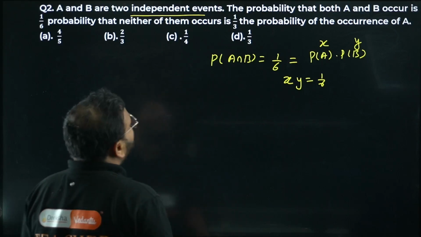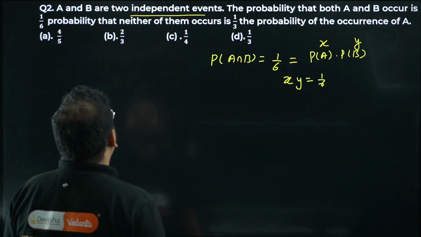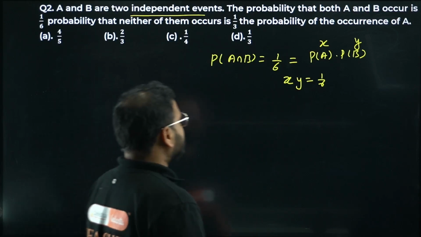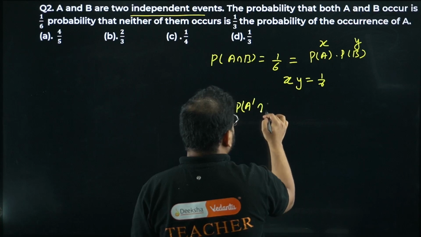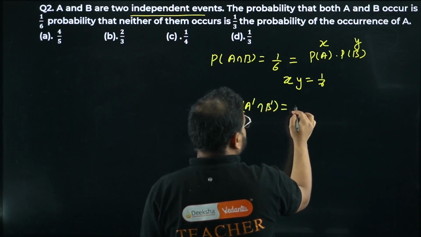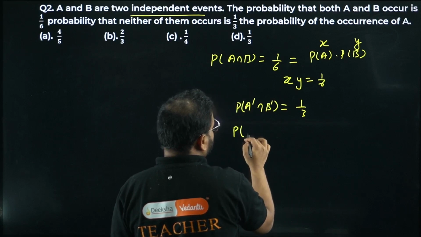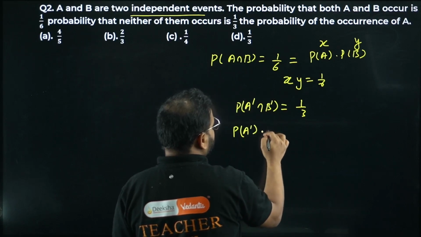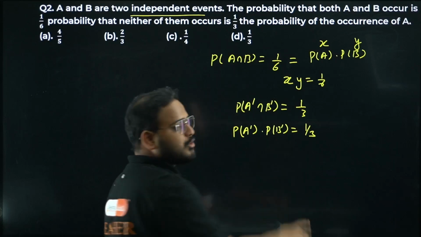What else have they given? The probability that neither of them occurs is 1/3. Basically P(A' intersection B') is 1/3. I can write this as P(A') times P(B'). You know the property for independent events, this also is true.